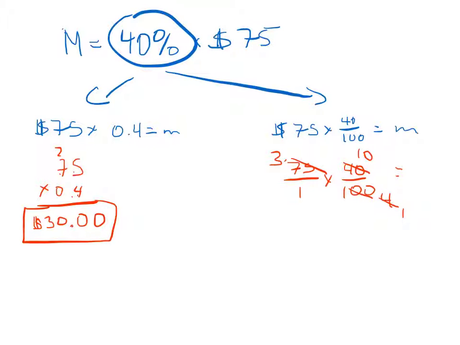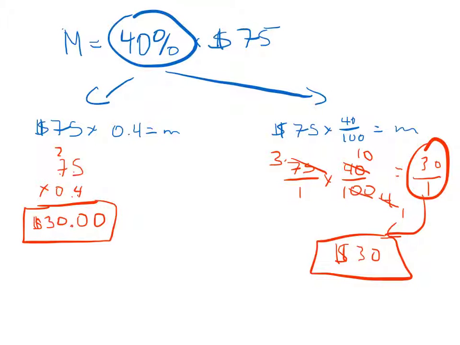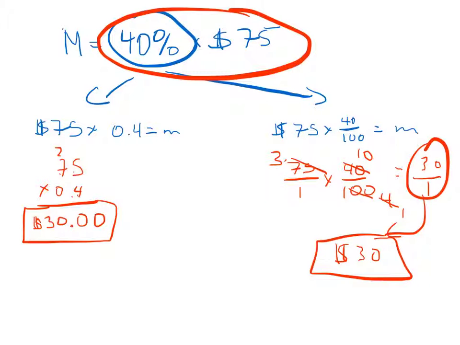So 3 times 10 would be 30. 1 times 1 is 1. Rewrite that down here, so $30 as well. So either way, we get the answer. But again, if we look back up here, I'm asking 40%, so just less than half of $75. 50% would put us at about 36, 37. I'm a little bit less than that. My answer makes sense.